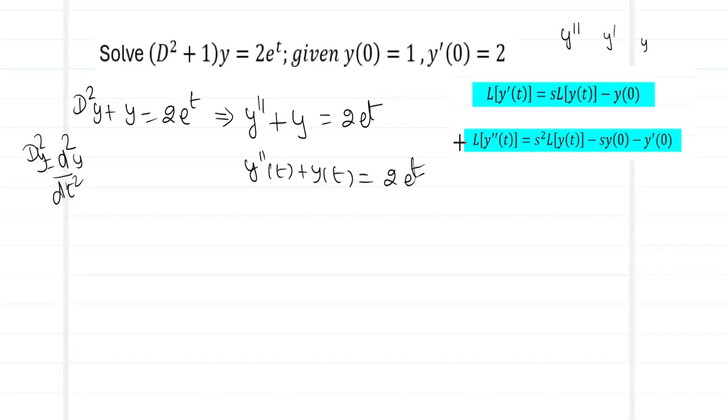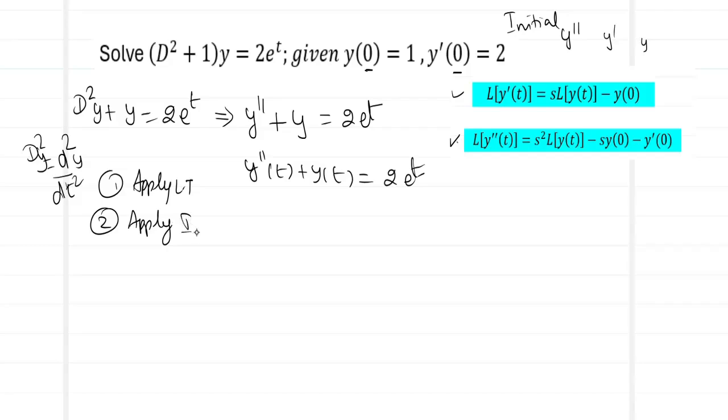So recollect the formula for the second order derivative, Laplace of y double dash of t, and Laplace of y dash of t. We will be using these formulas whenever required in our substitutions and derivations. Now the technique over here: step 1, you have to apply Laplace transform on both sides. Step 2, apply the conditions which have been given to us. Since they are specified at t equal to 0, you call these initial conditions.